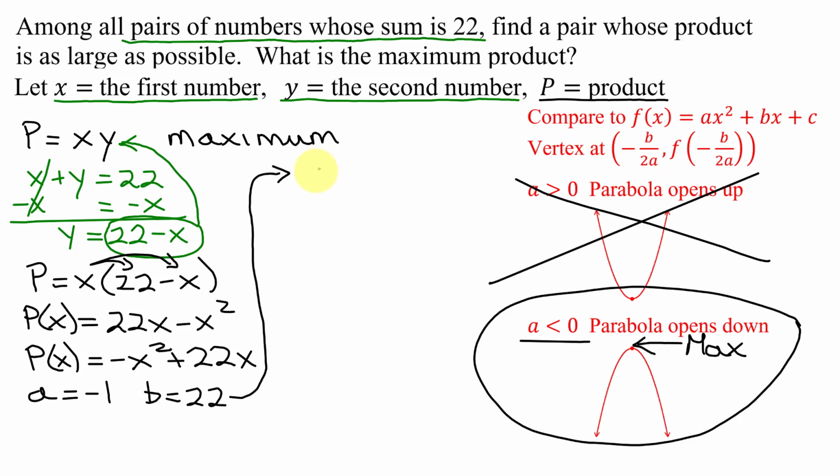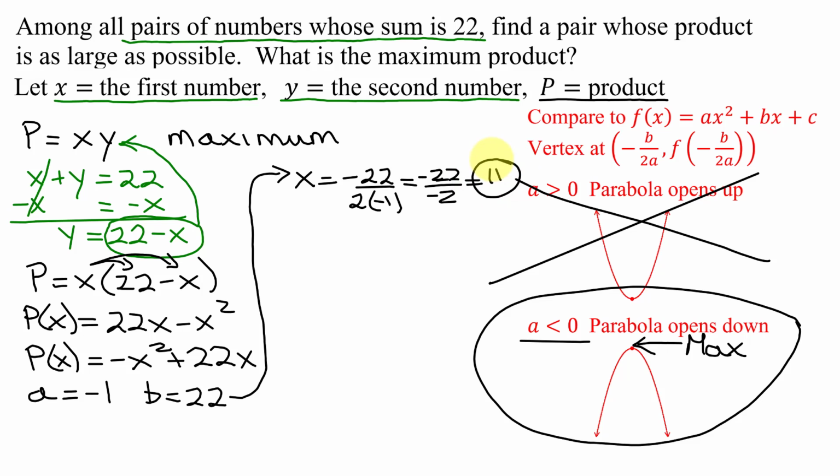Now, to find the x value of the vertex, it's negative b divided by 2a. So it's negative 22 divided by 2 times negative 1. So that's negative 22 over negative 2, which is positive 11.